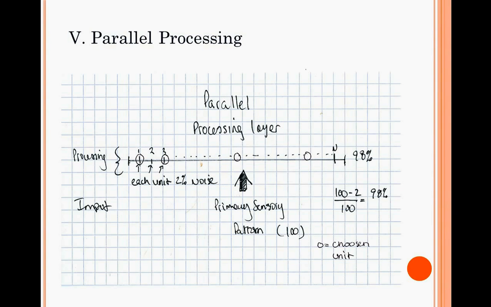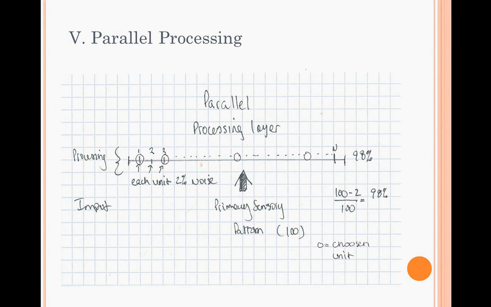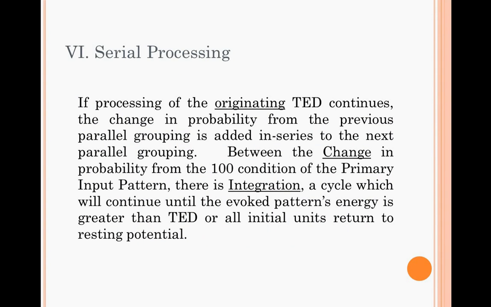Basically all the inputs are going to be in the same time frame because of the V1B layer, and at the same time it's also going to be modulated, and the amplitude modulation is what's going to be decreasing from 100% to 98%.